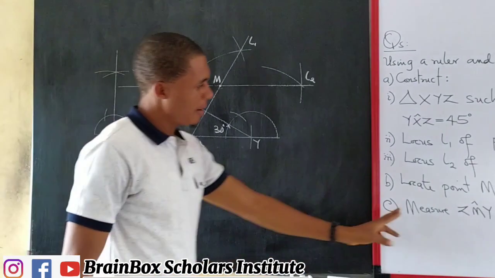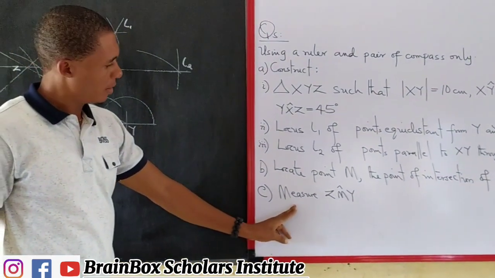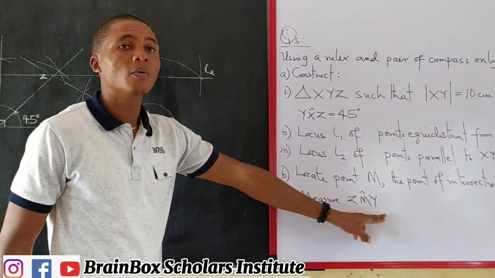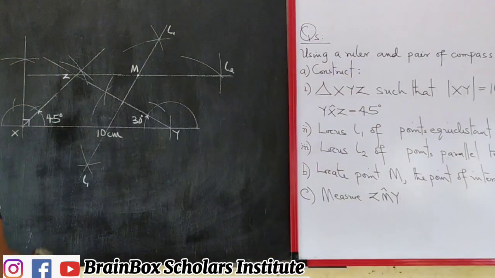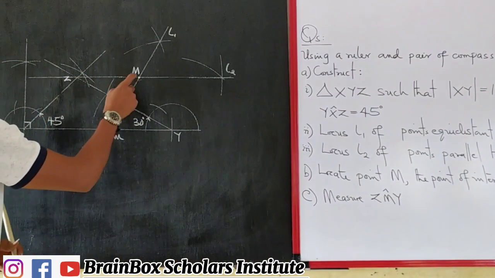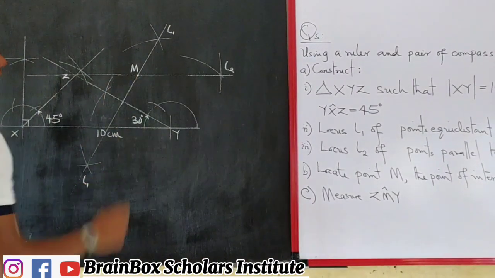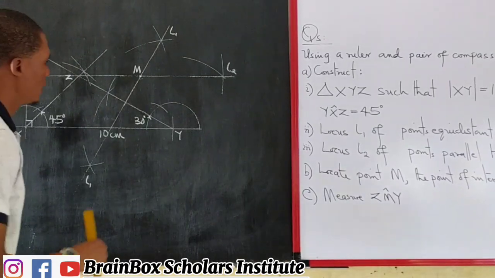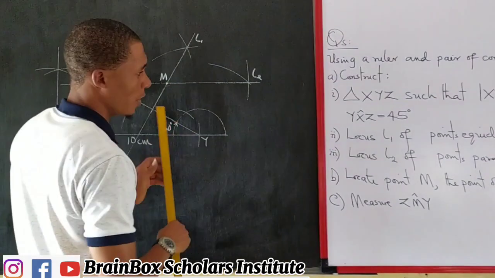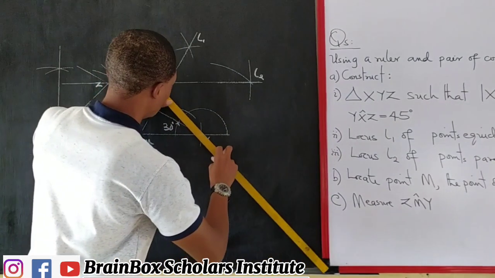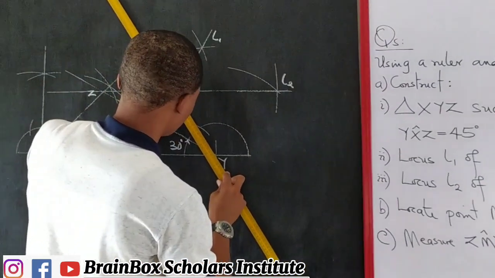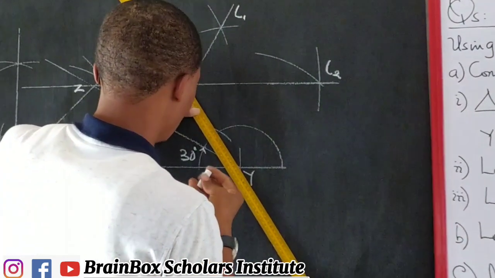Now they say measure angle ZMY. You see it? So that means I'm meant to measure this angle. So I will trace and complete this, so I will know the angle I'm measuring.